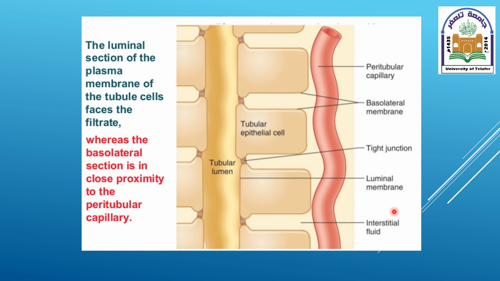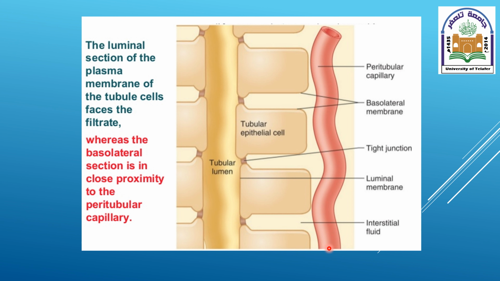The passage will be across the wall of the tubules, either transcellular or paracellular. After they pass from the cell lining of the wall of the tubules into the interstitium, the substance should pass across the wall of the peritubular capillary into the blood.